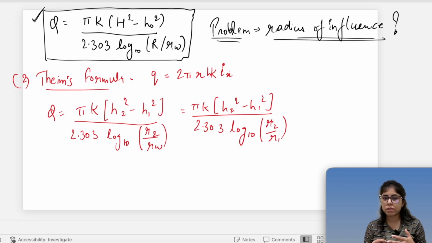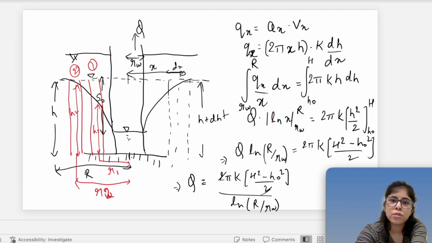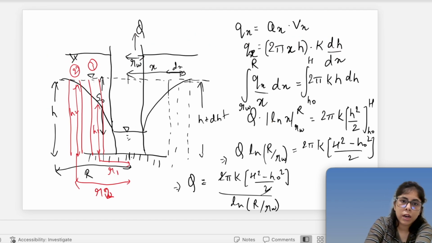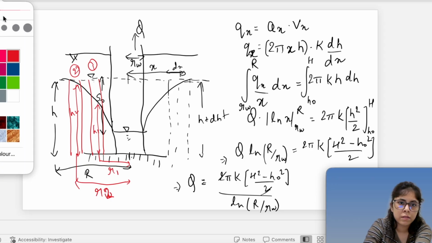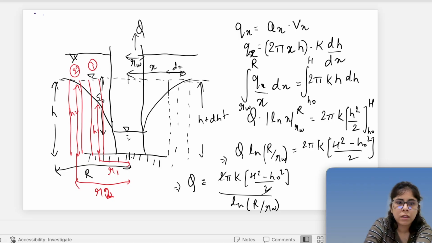If rw is given, you'll be putting rw. If r1 is given, you'll be putting r1. So whatever comes, you have to use the formula, right? Now these two formulas are for unconfined aquifers.